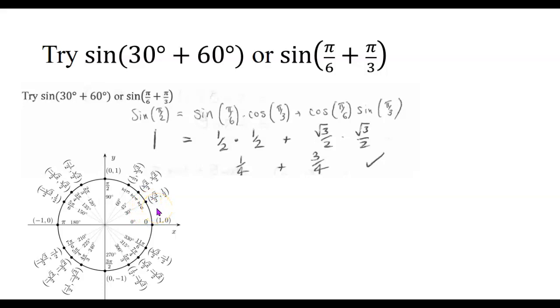The sine of pi over 3 is also the square root of 3 over 2. And when we put that all together and do the calculations, it does end up equaling the sine of pi over 2, which is 1. So at least in that particular example, we can see that the formula does in fact work. It does give us what it ought to.